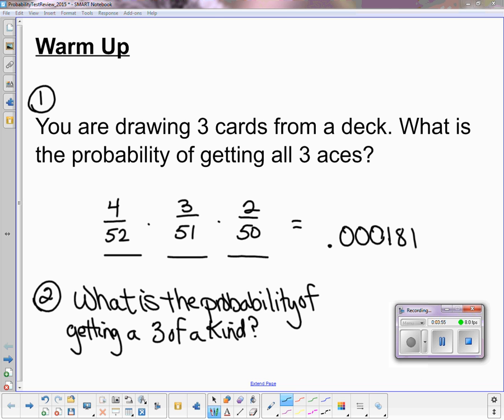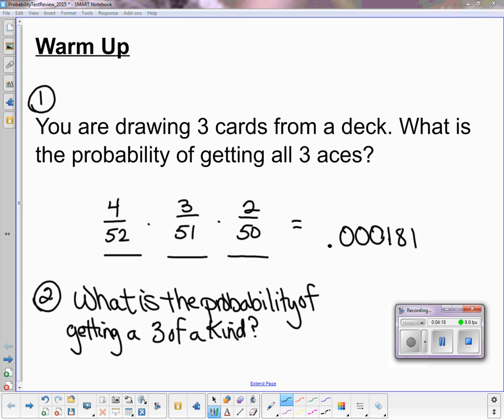How is this question different? How is it different from that one? Is it different? Is it the same question? Nope, it's still 3 aces in a row from the first question. What's different?